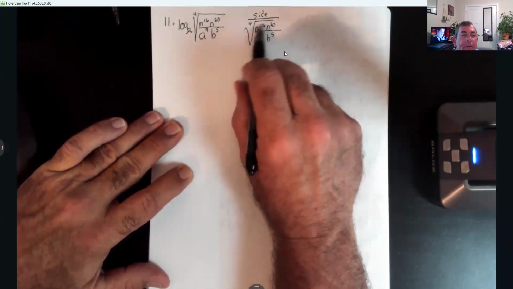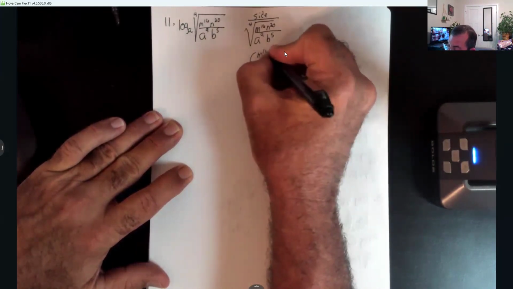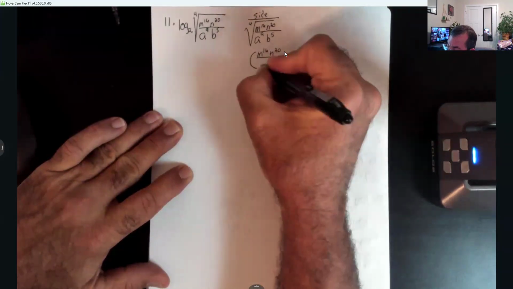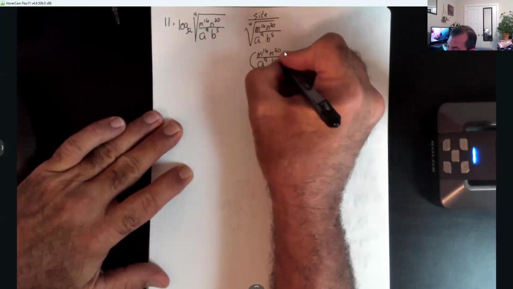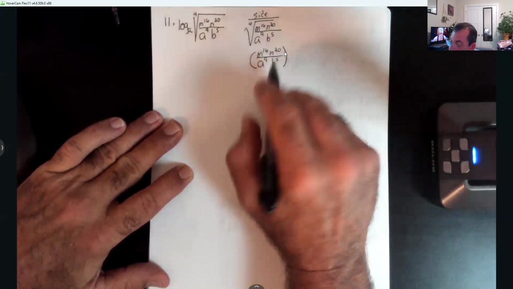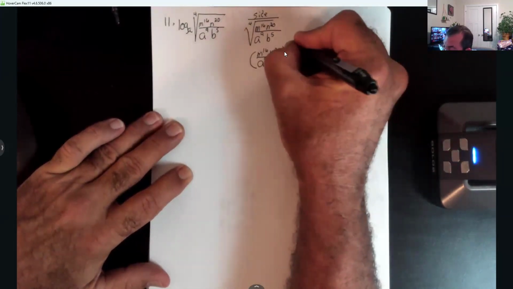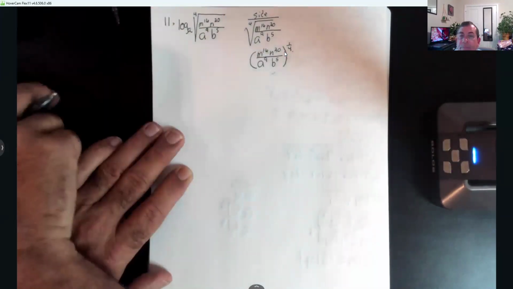So the radical affects everything in here. So you would start out by putting all that inside parentheses and raising them to a fractional exponent. Well, since that's the fourth root, our exponent would be a 1/4.